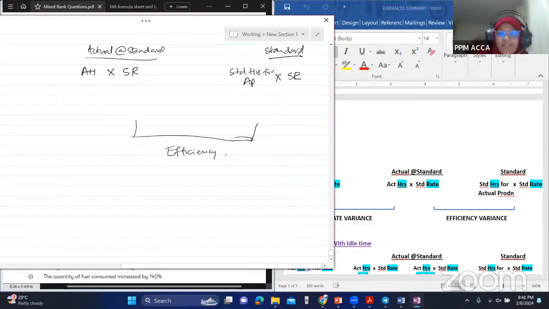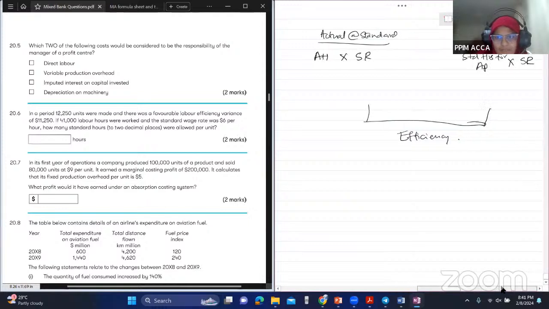Let's see what is given in the question. They are telling me that the labor efficiency variance was 11,250, and it was favorable. Then they're saying in a period where 12,250 units were made, there was a favorable labor efficiency variance, and 41,000 labor hours were worked.